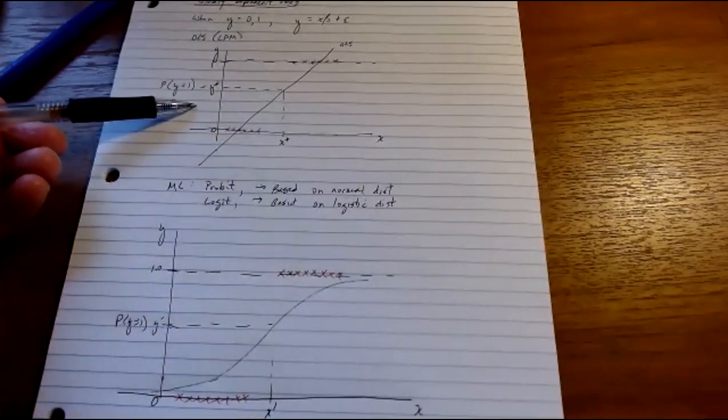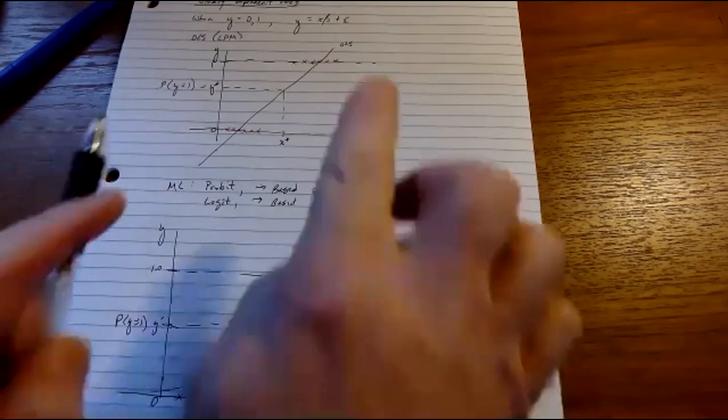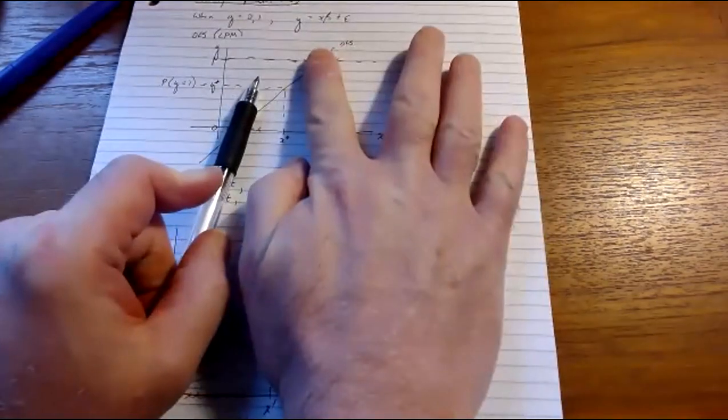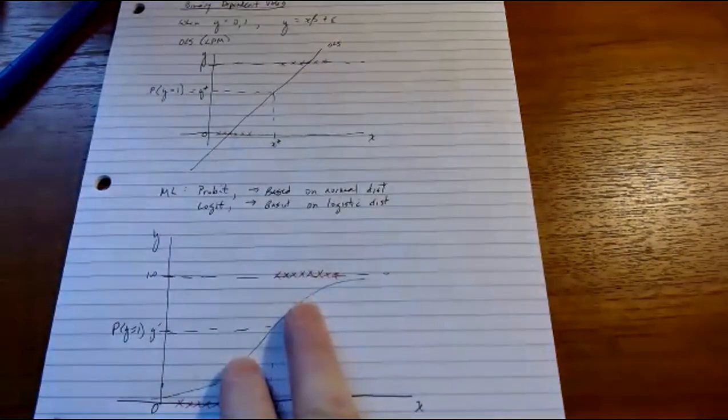So using OLS is not uncommon with these kinds of models. And it's justifiable if most of the values are clustered together toward the center of the distribution, because this part of the regression line looks an awful lot like that, right?